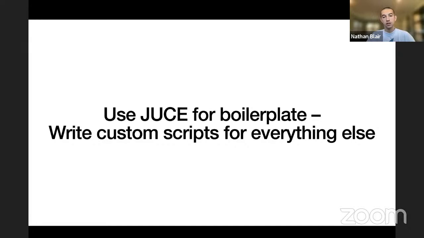Also, the JUCE library has certain portions of the code that, not that they're necessarily unreliable, but they're maybe more specific than the documentation lets on, or it's doing some stuff in the background that you don't fully understand. So as much as possible, I wanted to focus on writing custom C++ and even C.